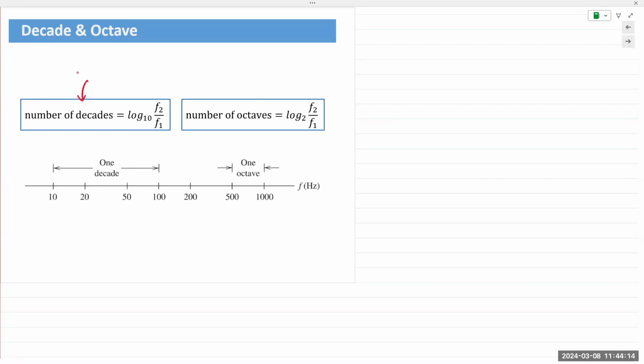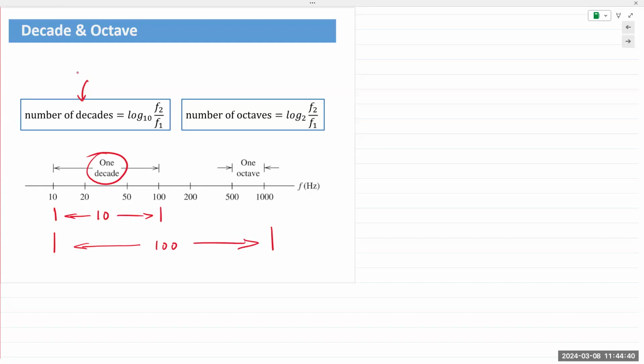As an example, 10 and 100 has a ratio of 10. So log of 10 is 1, right? Log of 10 to the base 10 is 1, so you get 1 decade. If you take the ratio of 10 to 1000, it is 100.